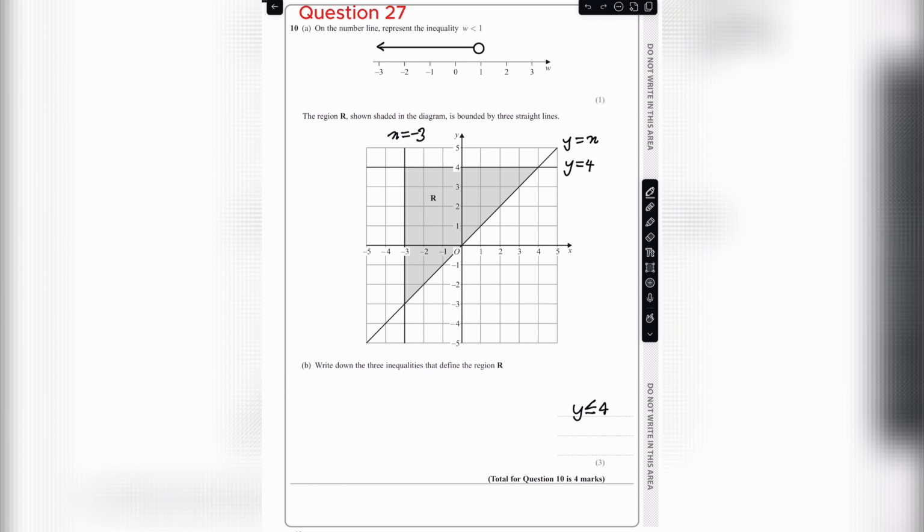The second inequality we have for the line y equals x will simply be y is greater than or equal to x, because if we plot a random point, for example the point (1, 2), and we substitute that into the equation y equals x, we have 2 equals 1, and given as this is not true, 2 can only be greater than or equal to 1. And finally, for the equation x equals -3, given as the shaded region is to the right, we can simply state that x has to be greater than or equal to -3. And those are your final answers.